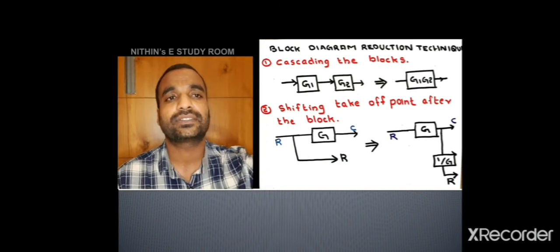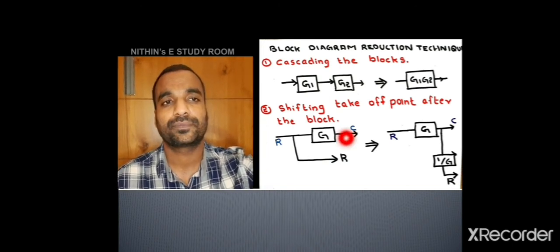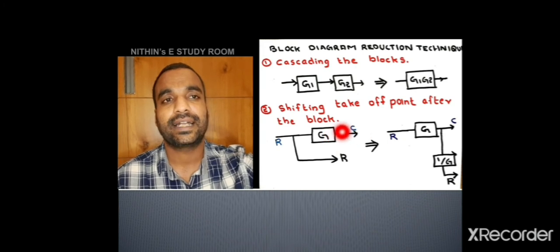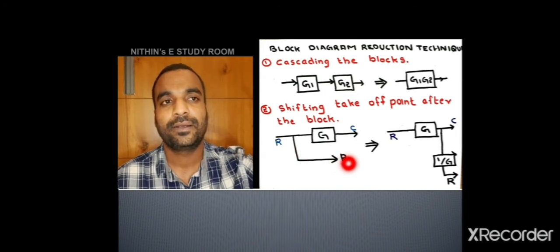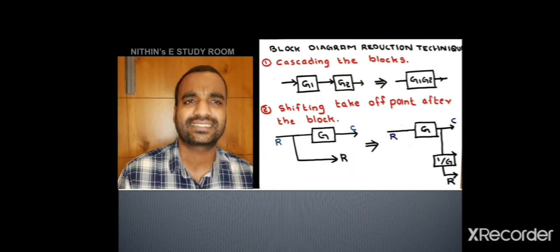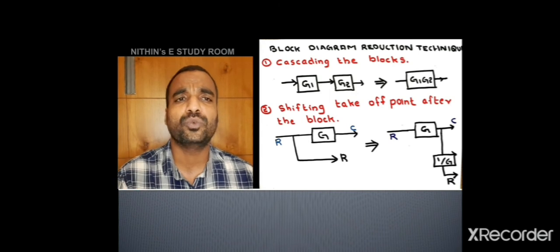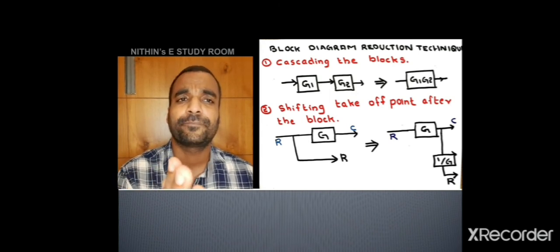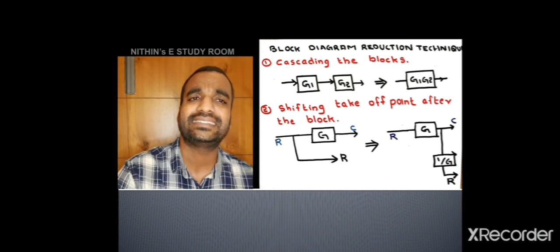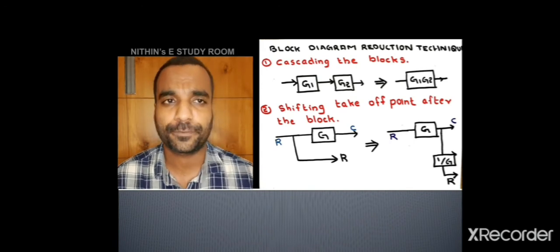Now, in this first figure you have two outputs. One is C, that is nothing but r into G, and the other one is r itself. But what is your task? You want to move the takeoff point to a point which is just after the G block.